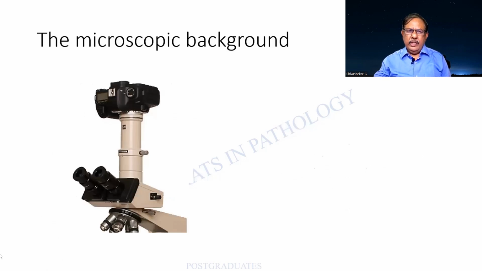Kindly follow this image. You people may or may not have seen this, a Nikon microscope. It is a trinocular one and an original camera with a wonderful resolution is fixed onto it. There is also an adapter over here that is used to adjust.